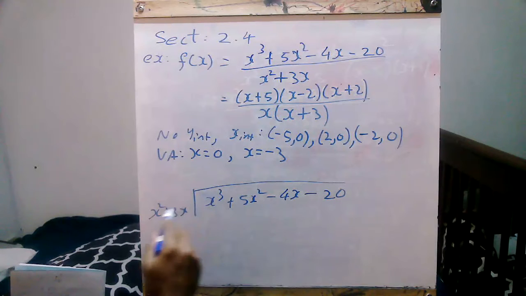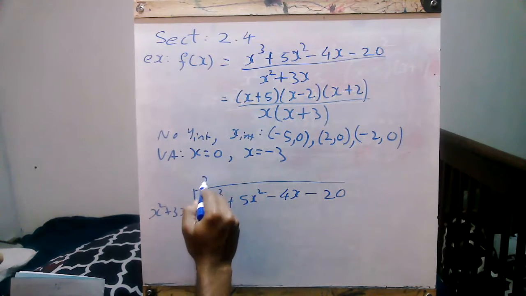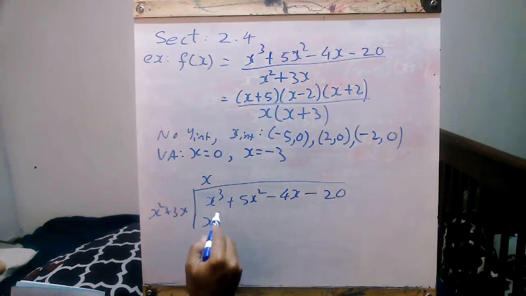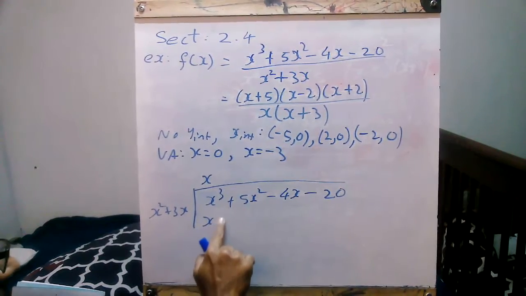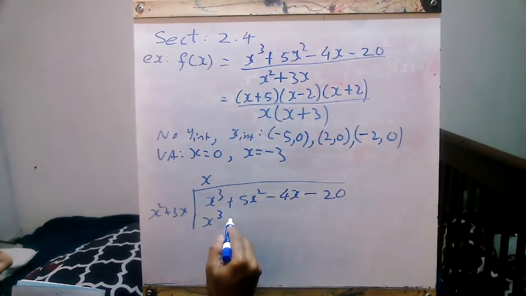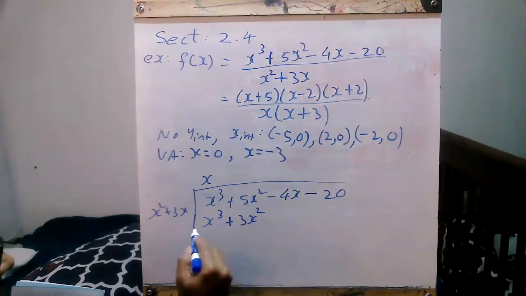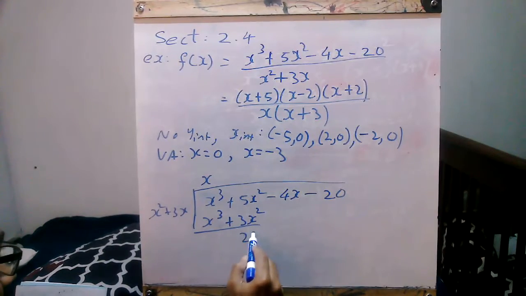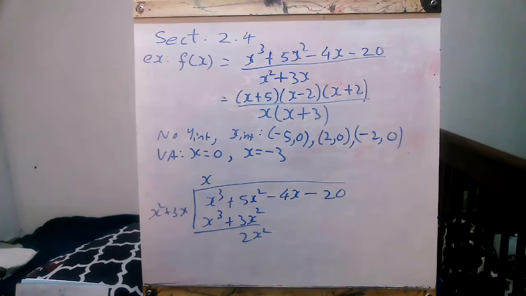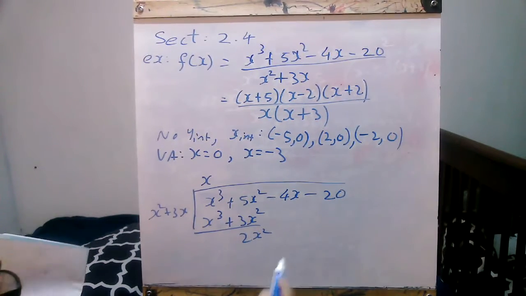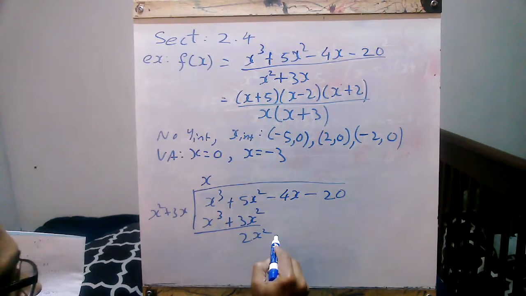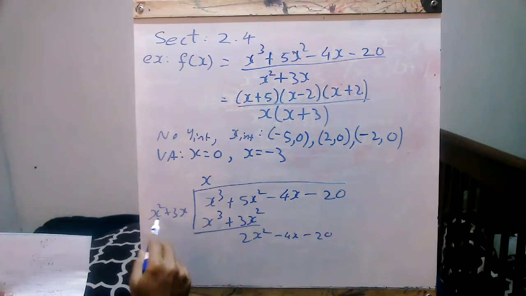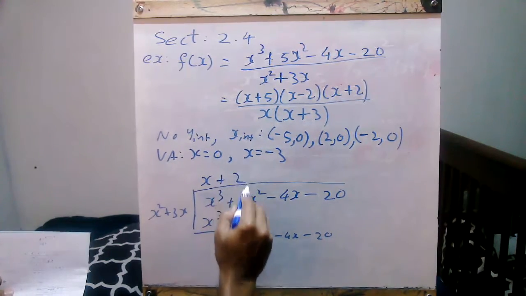x cubed divided by x squared is x. We multiply both terms: x cubed plus 3x squared. Subtract, we get 2x squared. Bring these two down, minus 4x minus 20. Divide 2x squared by x squared, we get plus 2.